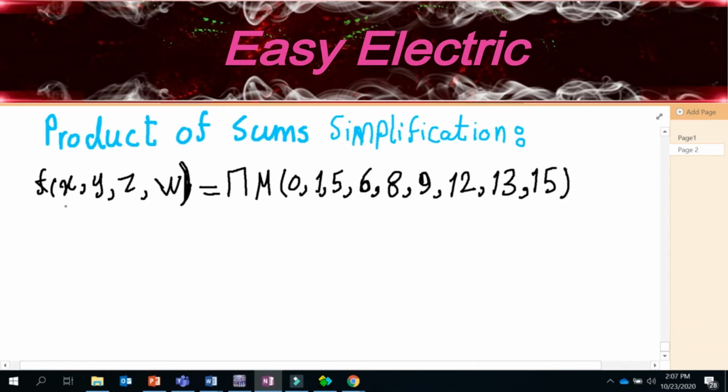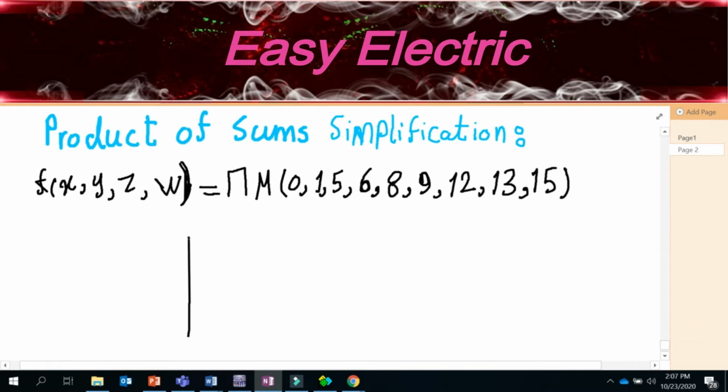As usual, the first thing is you need to take a look and see how many variables you have. The function has 4 variables, x, y, z, and w. That means the K-map has 16 squares.